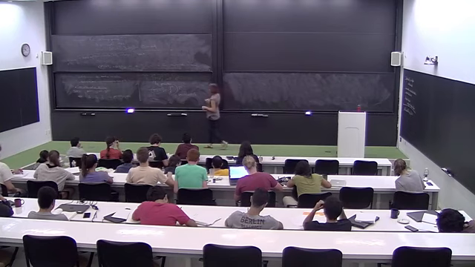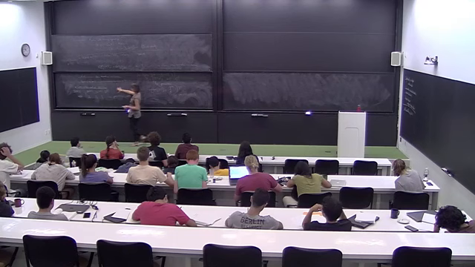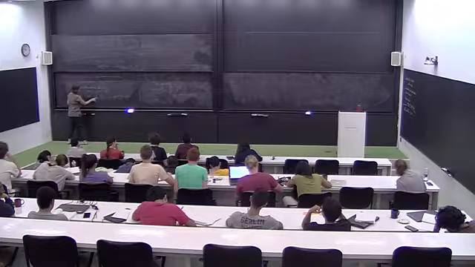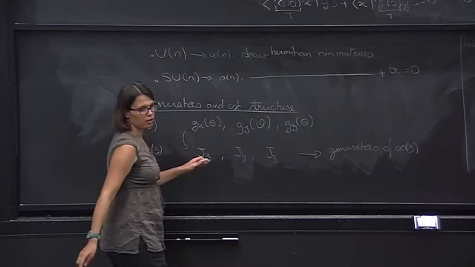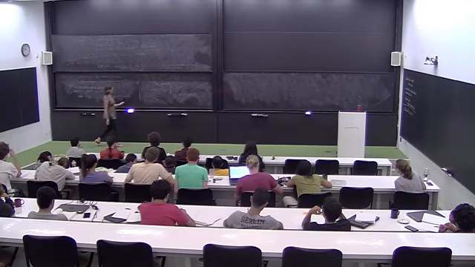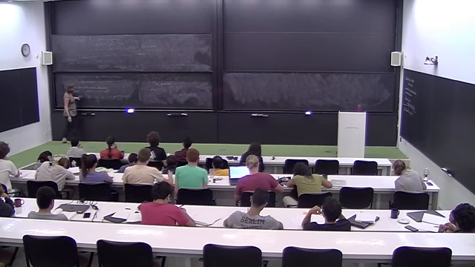So for example, if we go back to this example, you remember that you obtain 3 matrices. So how do you get the structure constants for SO3?